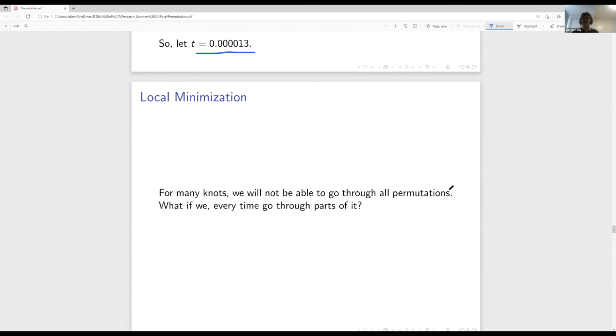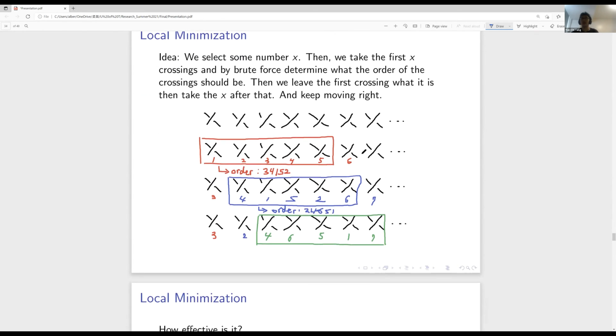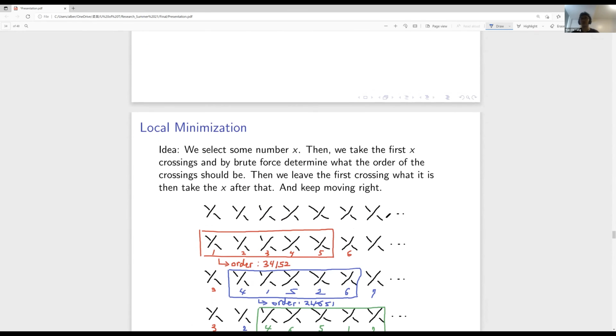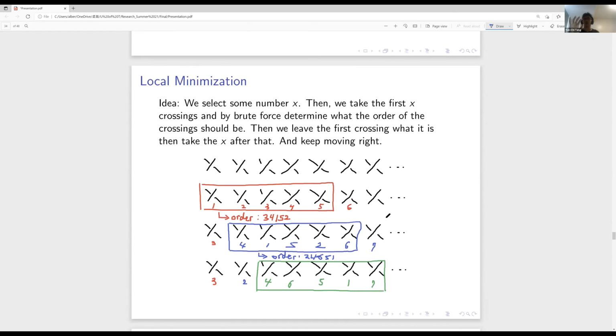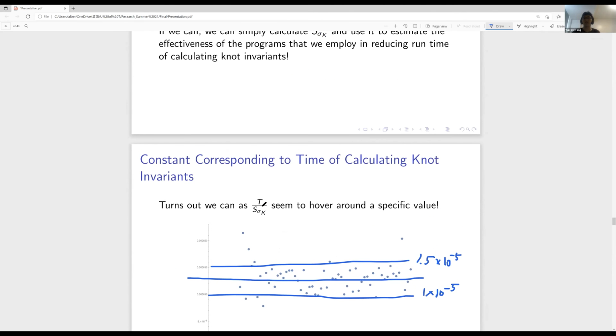So with that, I'm going to very quickly go through what I've done to take advantage of this. So the idea is that I can't go through all the permutations of the crossings, but what I can do is select small chunks of crossings and then see what the permutation of those crossings should be in terms of trying to minimize this S value and ultimately reduce the runtime.